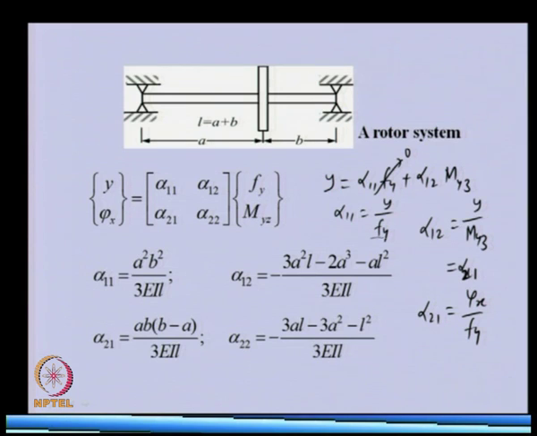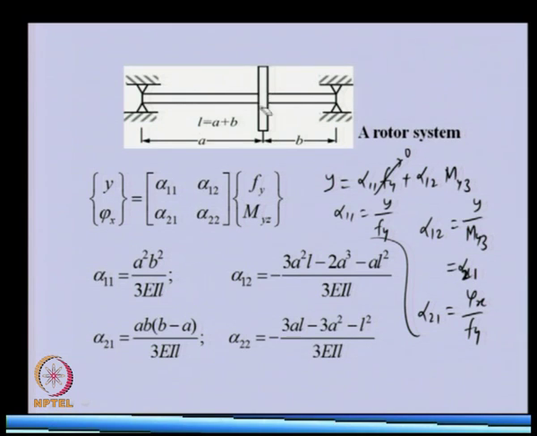From any strength of materials book we can get such influence coefficient relations, or we can derive them using this basic concept. We just need to obtain the linear displacement and angular displacement corresponding to either force or moment, and that will give us the influence coefficient.